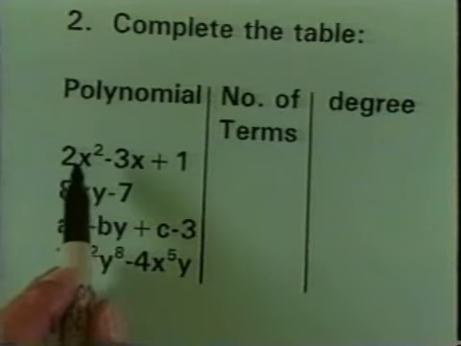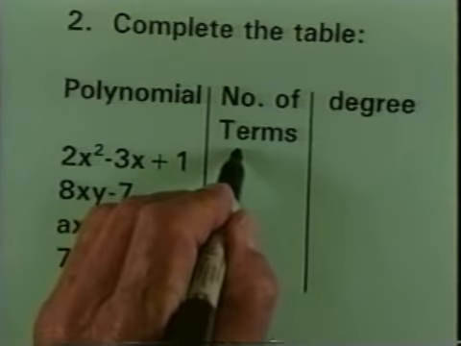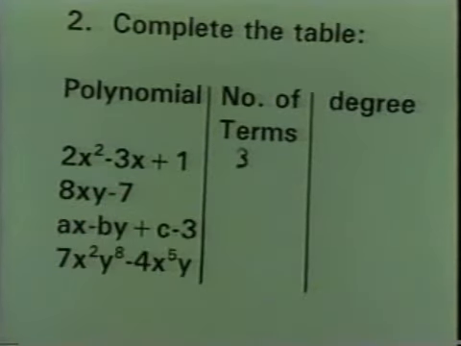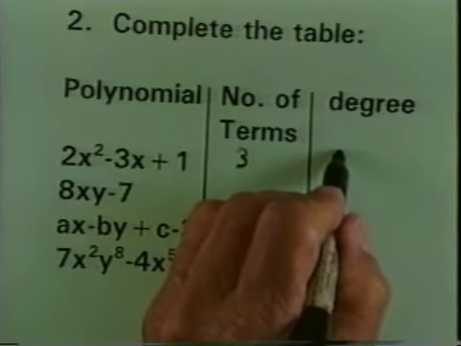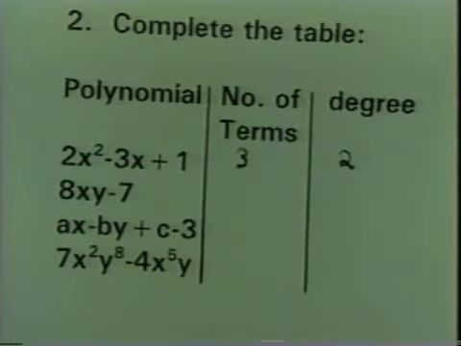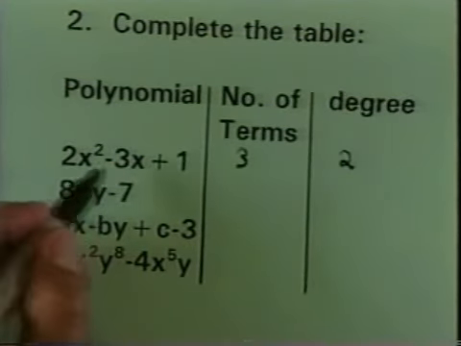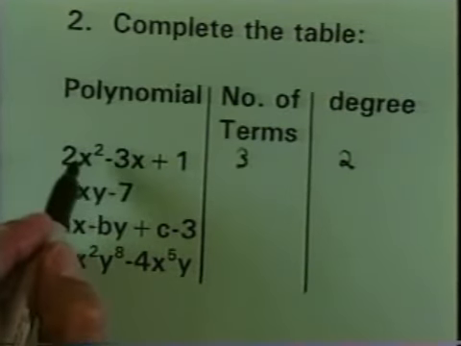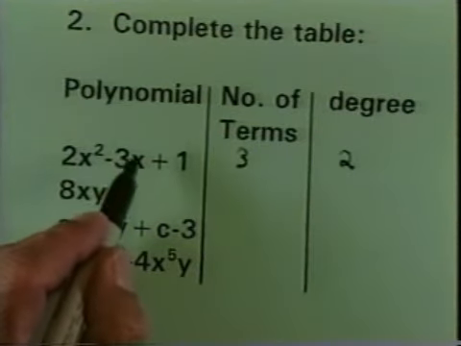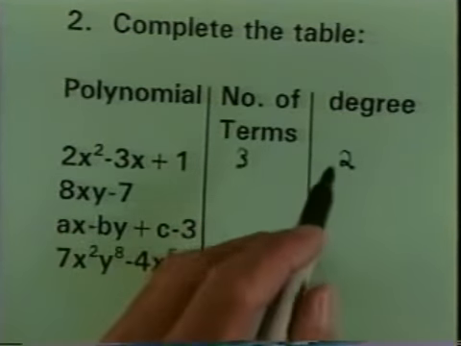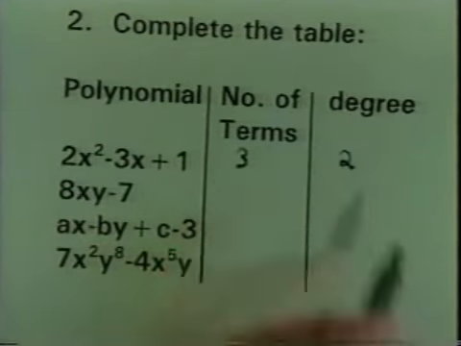For the first one, the number of terms is 3. The degree is 2, because the degree is going to be the same as the degree of the highest term. This term has degree 2, degree 1, degree 0. So the degree of the polynomial is 2.